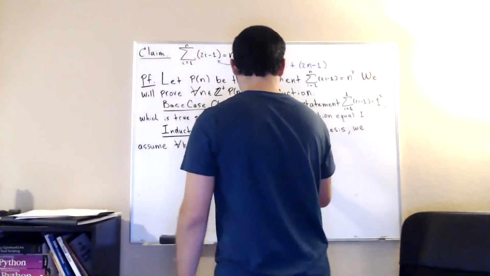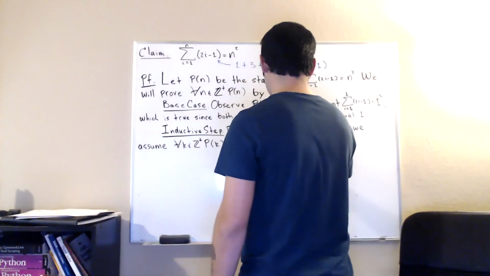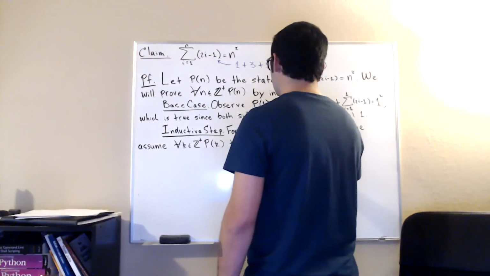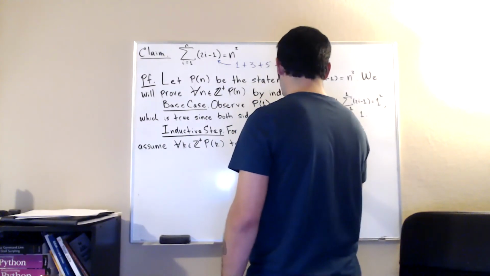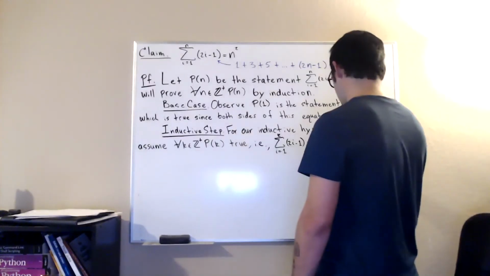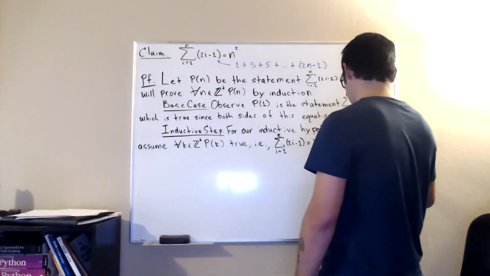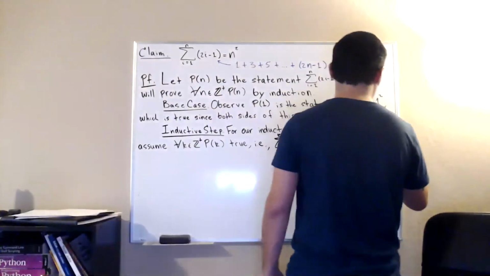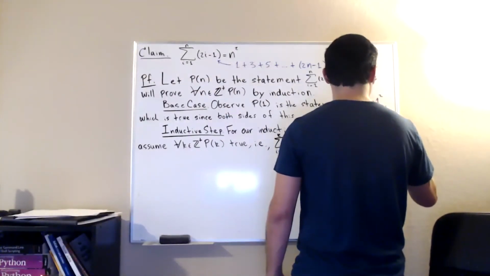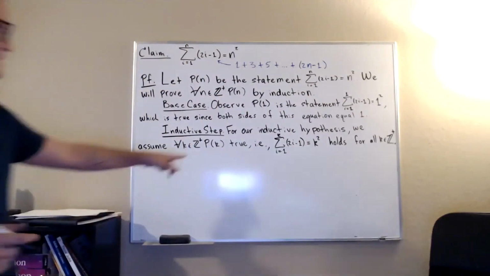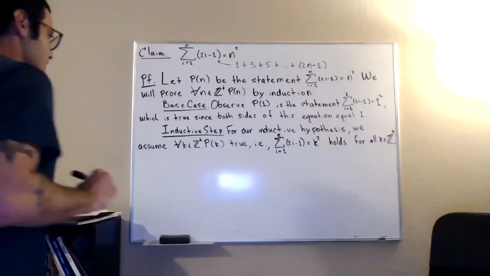So, i.e., the sum i equals 1 to k of 2i minus 1 is equal to k squared holds for all k that are positive integers. And now we need to show that under this assumption, P of k plus 1 is true.